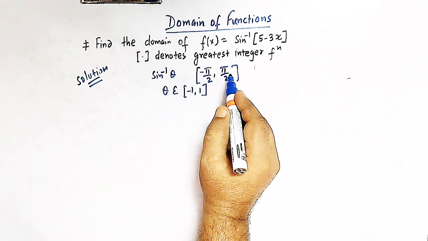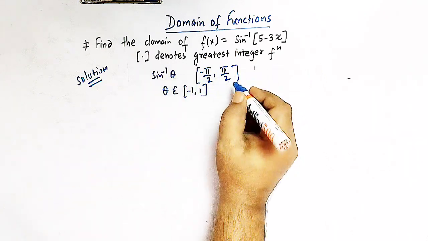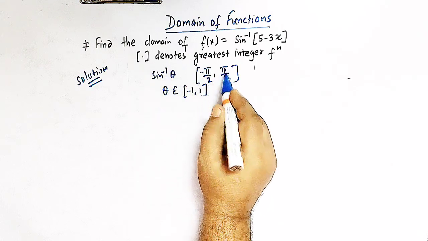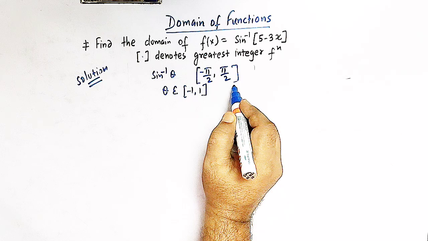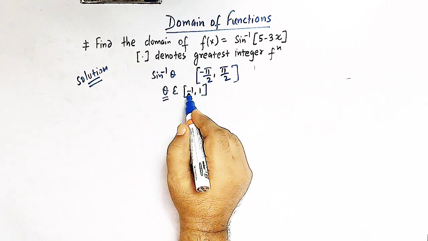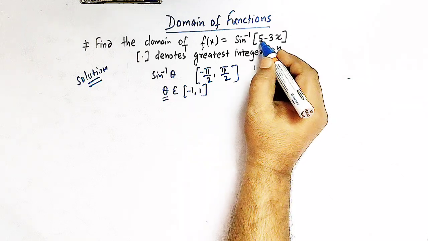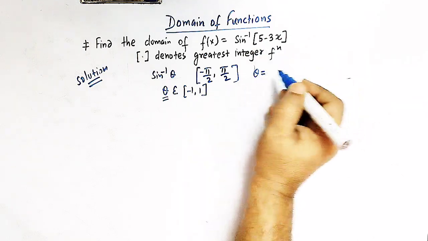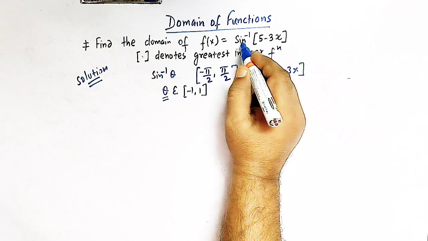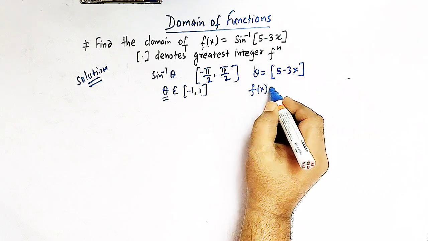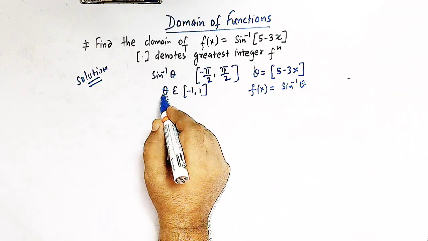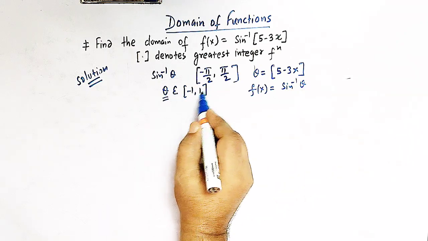So we know that the principal value branch of sine inverse theta is minus pi by 2 to pi by 2, and this is a closed interval for all values of theta belonging to minus 1 to 1. So here if we take theta as greatest integer of 5 minus 3x, then this function f of x is equal to sine inverse theta, right?